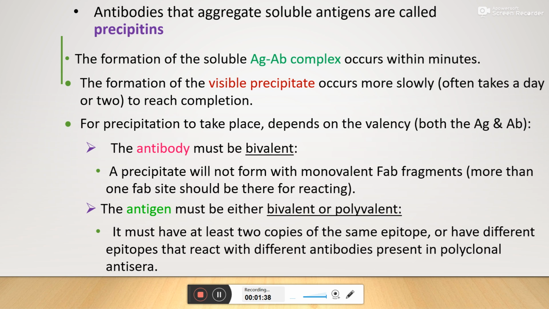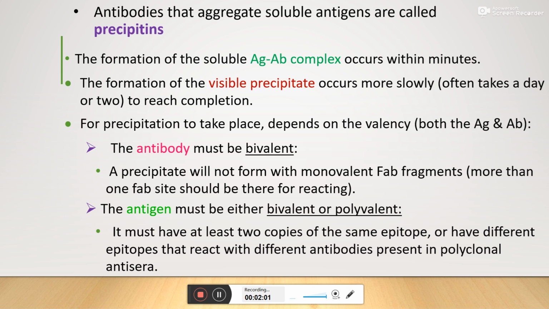This visible precipitate is a soluble antigen-antibody complex, and the complex forms within minutes after the reaction takes place. But the formation of the visible precipitate is very slow, and often it takes a day to 2 days to reach completion.